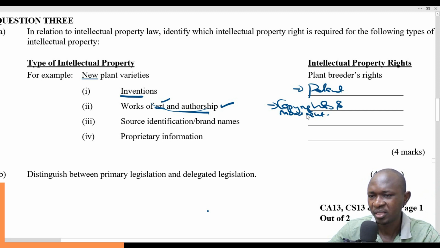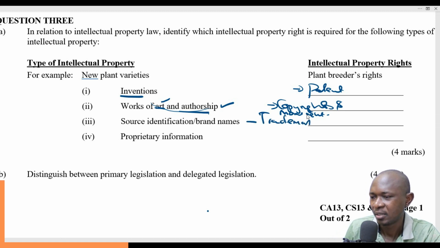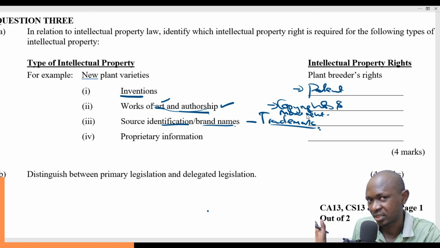Okay, then we have the third one, source identification of brand names. This one we refer to as a trademark. So you register this name, the brand name or identification, and it becomes yours. So you can use it without any confusion.